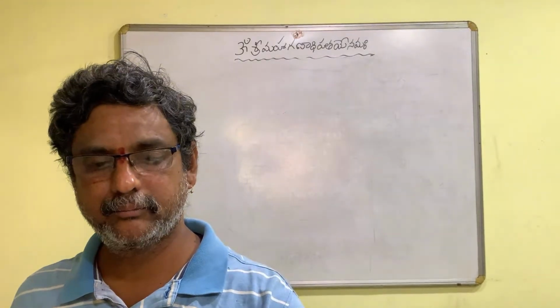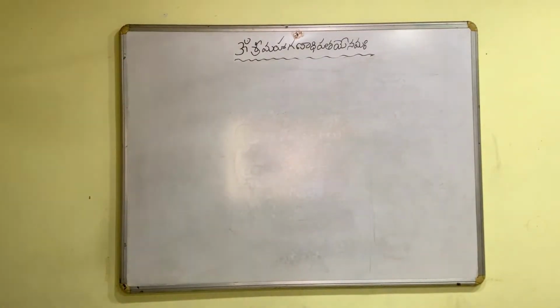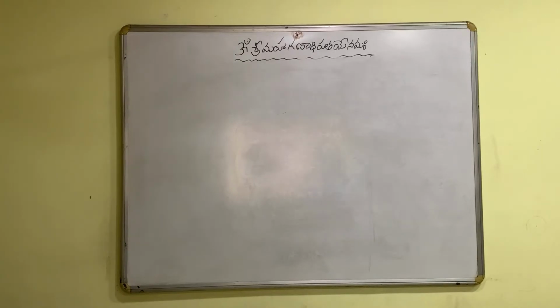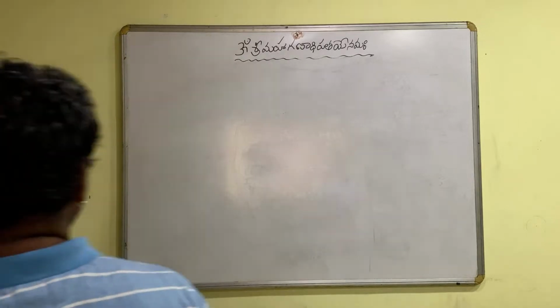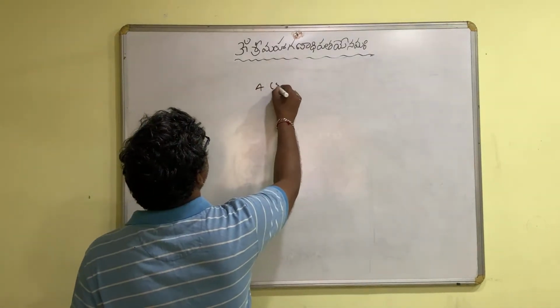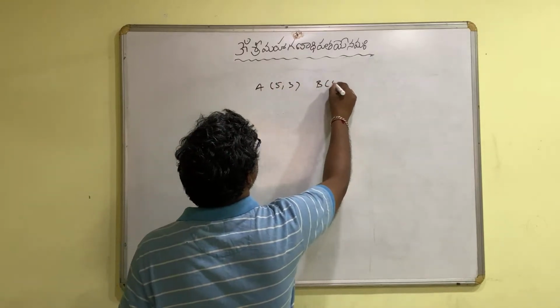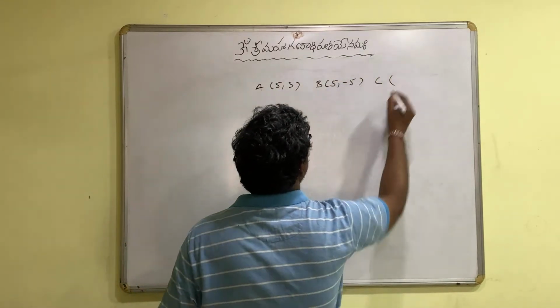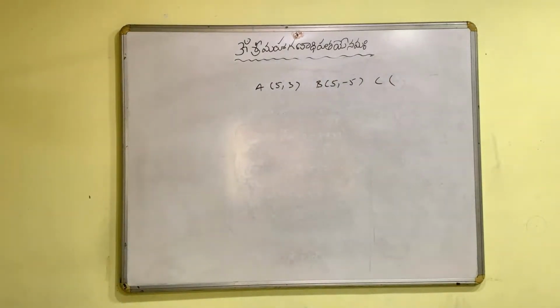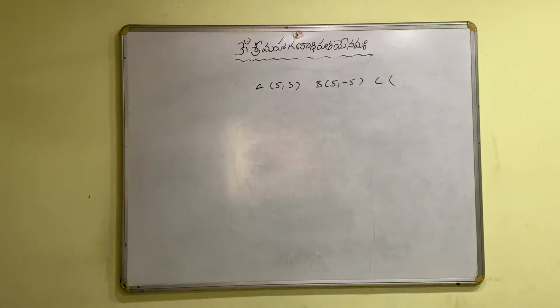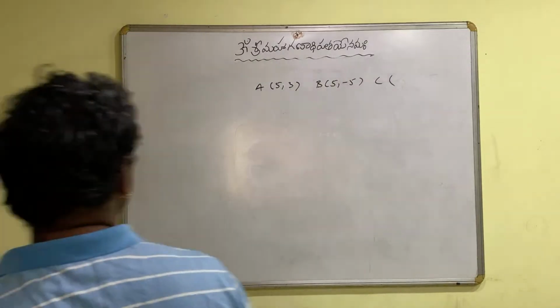Next question. Find the coordinates of the point equidistant from the 3 points A 5, 3, B 5, minus 5, and C 1, minus 5.